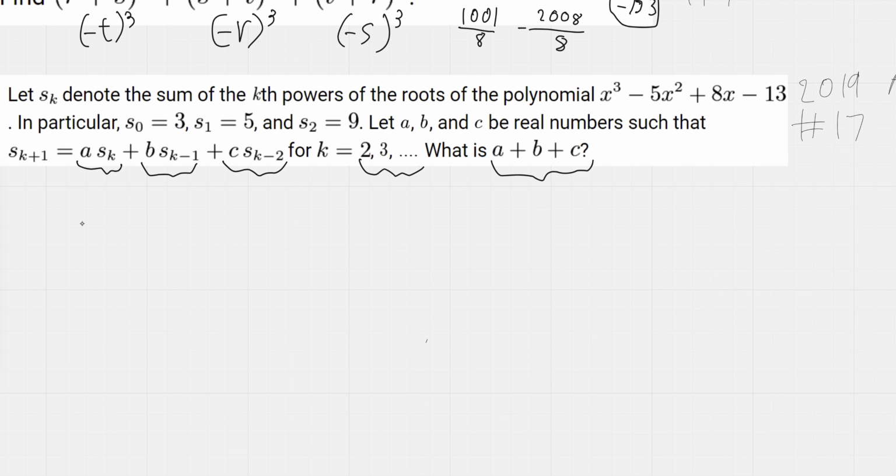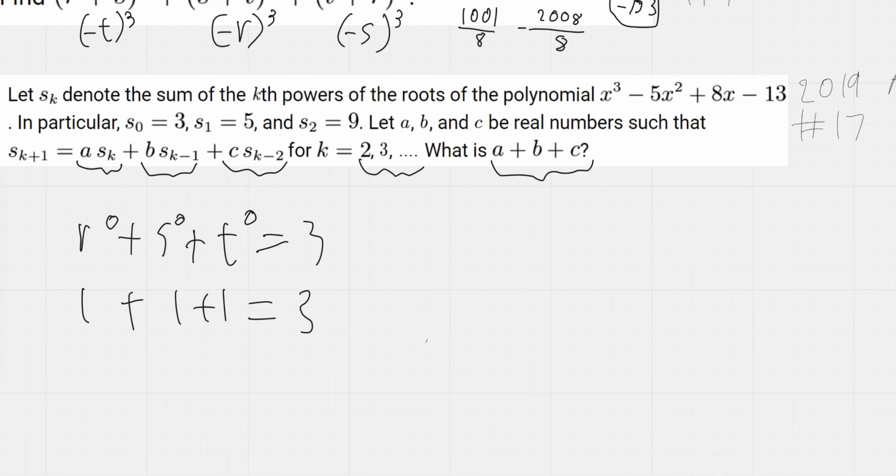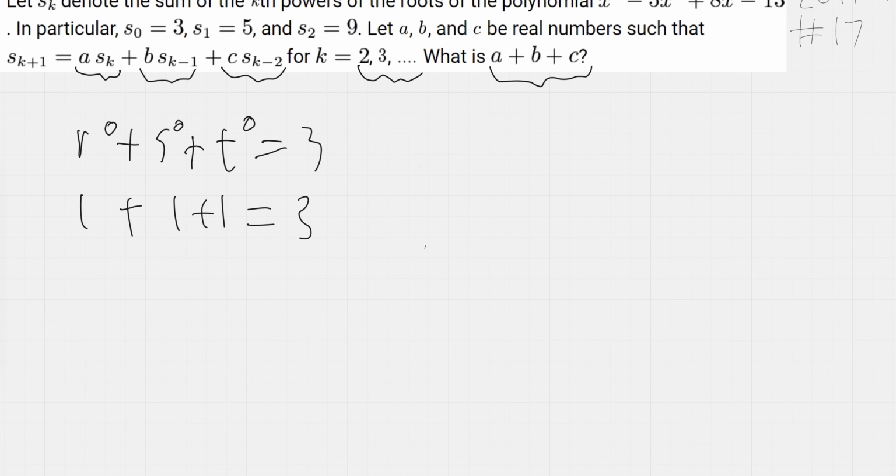So we're already given that r to the 0 plus s to the 0 plus t to the 0 equals 3. This is obvious. You're given S sub 1 is equal to 5. r plus s plus t is equal to 5.